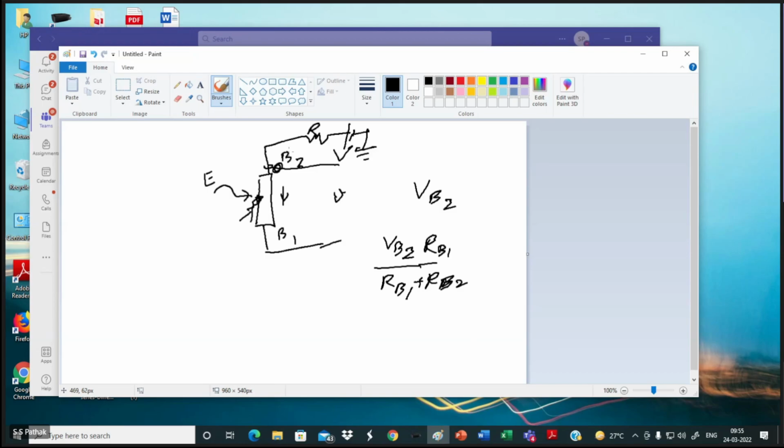Okay, I'm sorry. What I wanted to say is, what was the voltage at this emitter when it fired earlier?